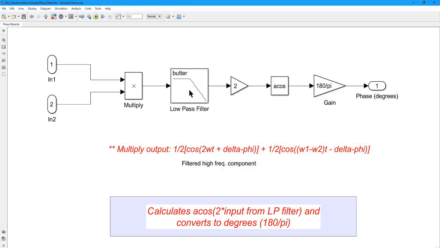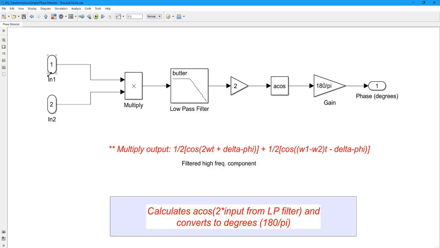And that's what this low-pass Butterworth filter does. It takes this 120 hertz component and just filters that out. And I have a band pass of something around 50 or 60 hertz here. So 120 hertz will get filtered out. So we just get rid of this altogether. So now we're down to a 1/2 cosine of the difference in frequency of the two sine waves and delta phi.